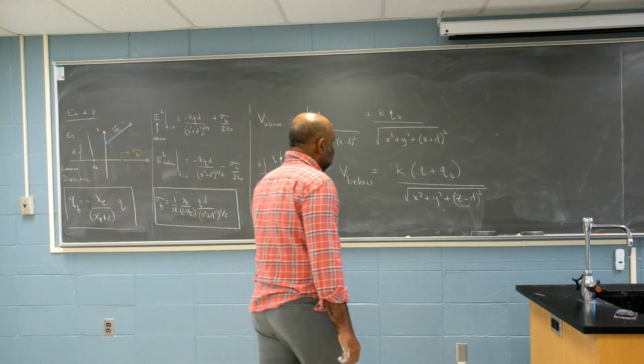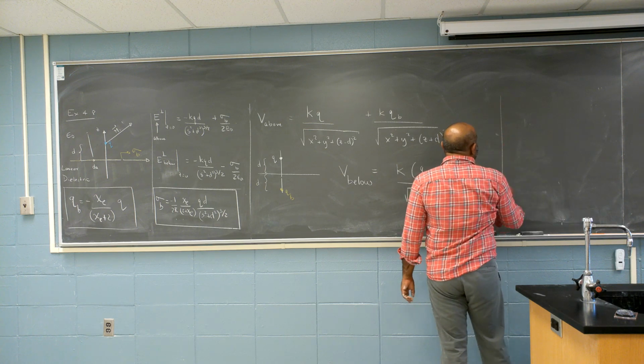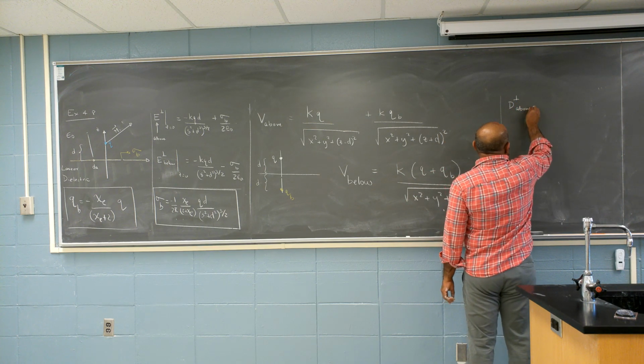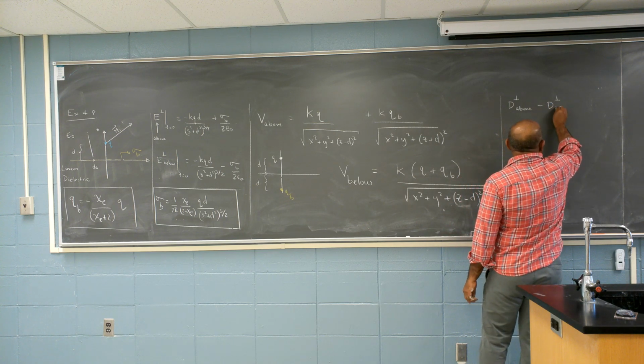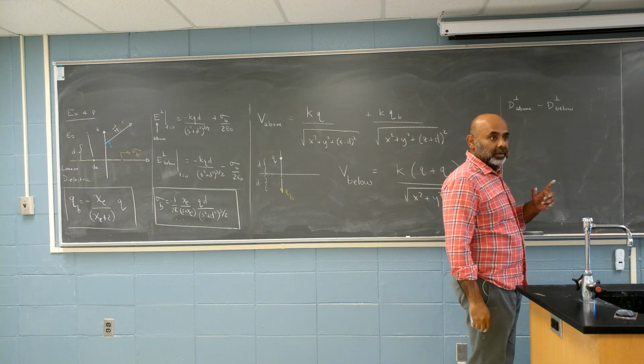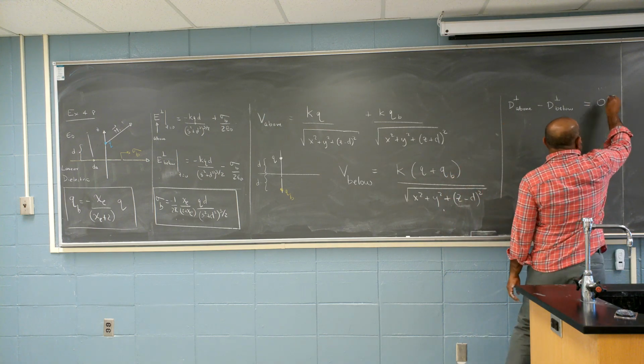Okay, so let me do one thing. D perp above minus D perp below is sigma free. We don't have any free charges, so I'm going to write this as zero.